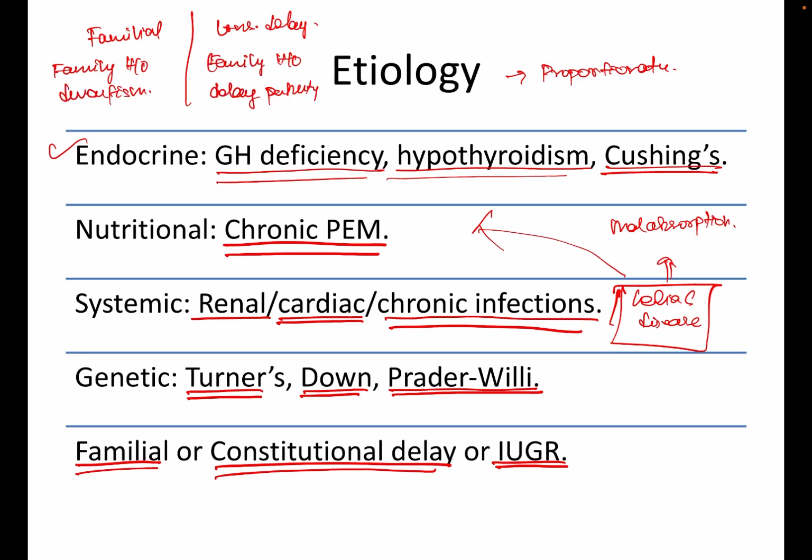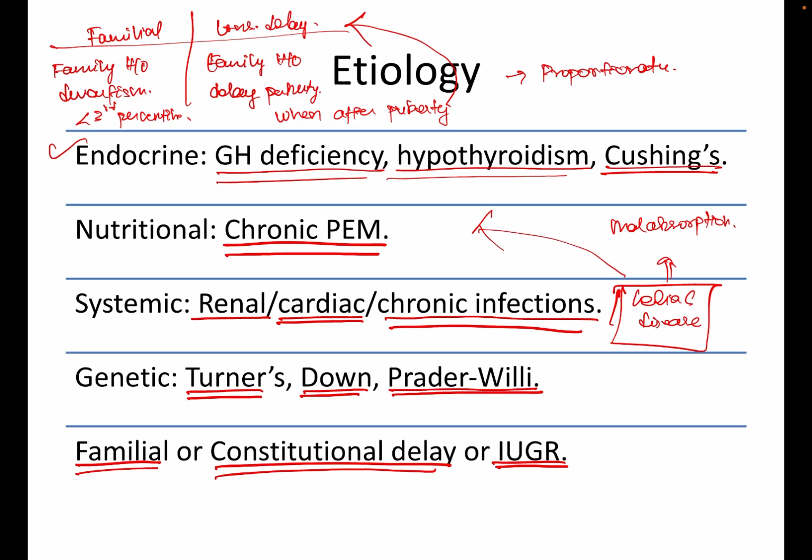In familial short stature, whenever the child's height is measured at any point of time, the child will remain short, below the third percentile. Here also the same will happen, but when they approach puberty or after puberty, the child no longer has short stature. This gets back to normal, and this is what we call constitutional delay.